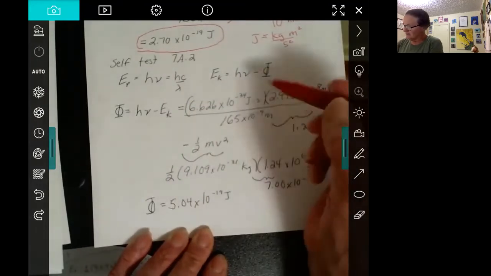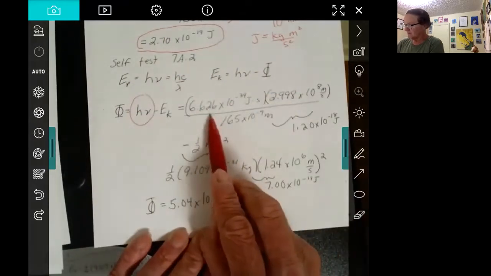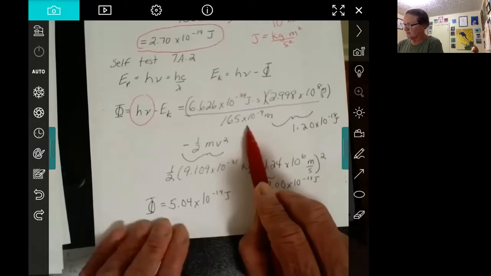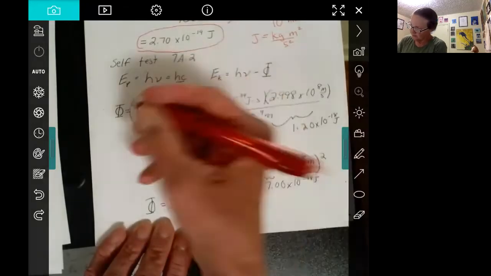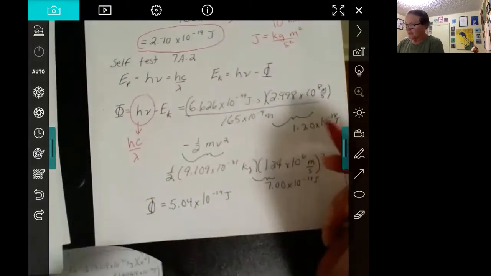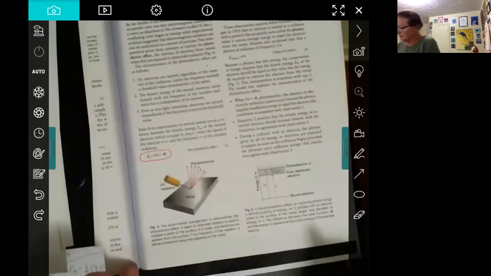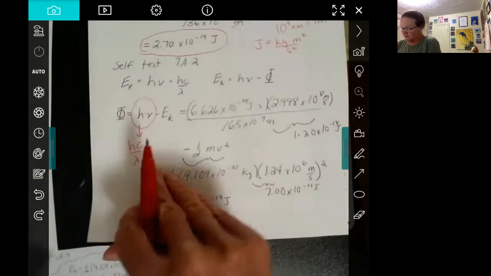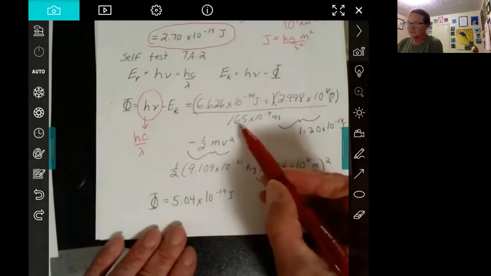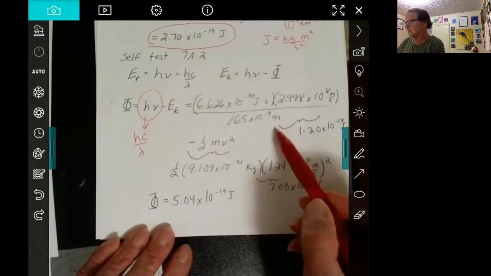So I calculated the energy of the photon. That's this first part: Planck's constant times the speed of light divided by the wavelength, so I'm using the hc over lambda form. In the first experiment, the wavelength of light is 165 nanometers, so 165 times 10 to the minus 9 meters.